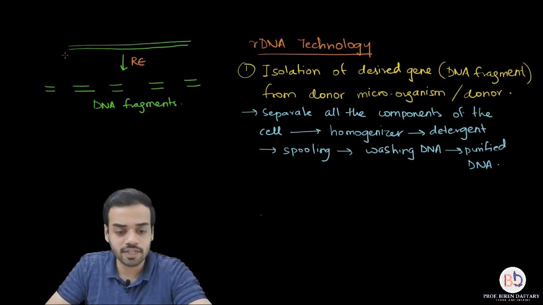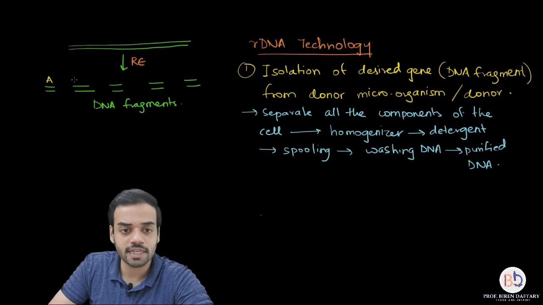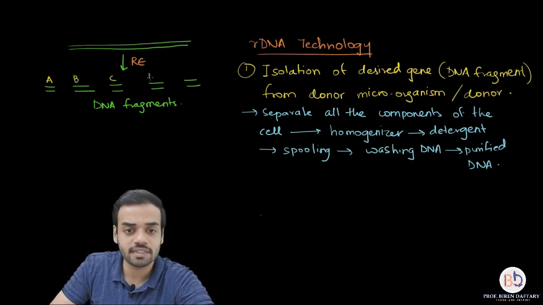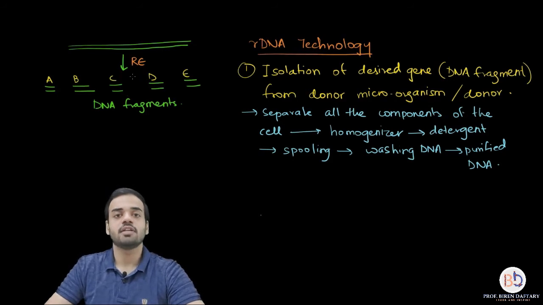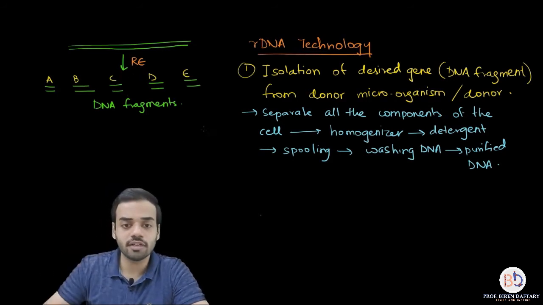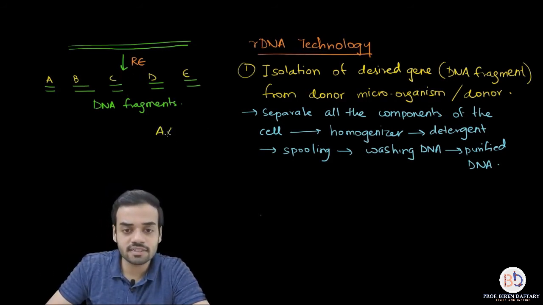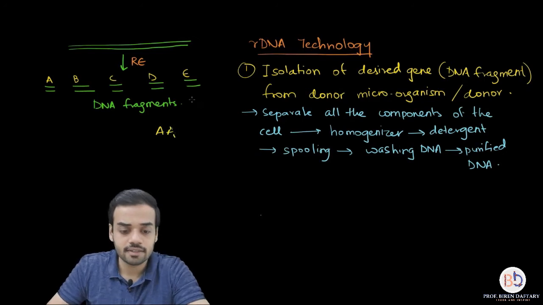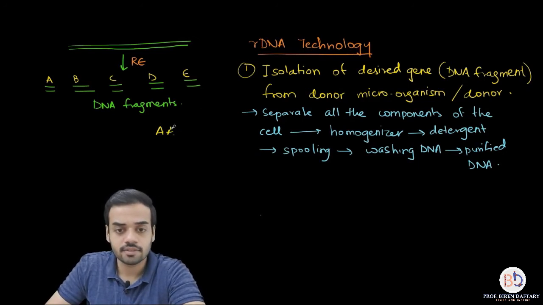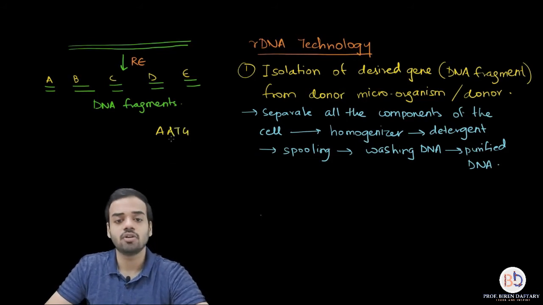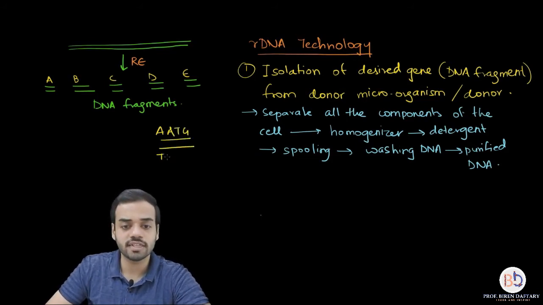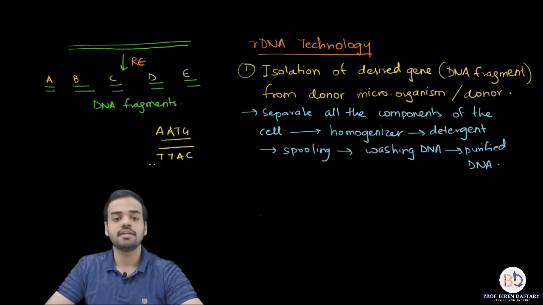For example, if I name these fragments as fragment A, fragment B, fragment C, fragment D, fragment E. Suppose the sequence of the gene that you require is AATG on one strand, and on the opposite strand it will be TTAC, right?